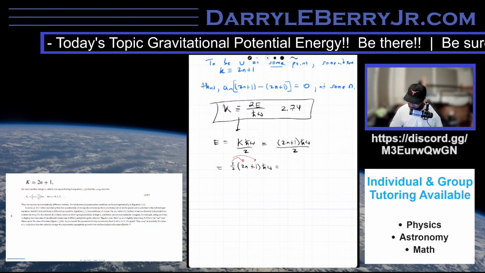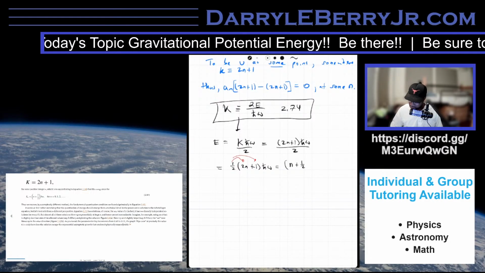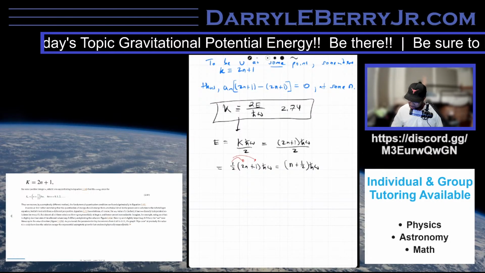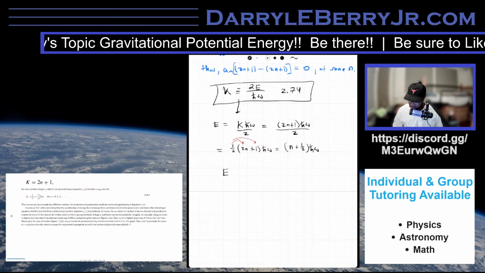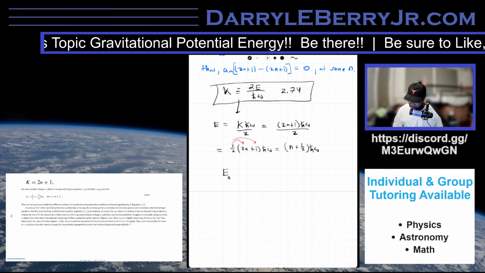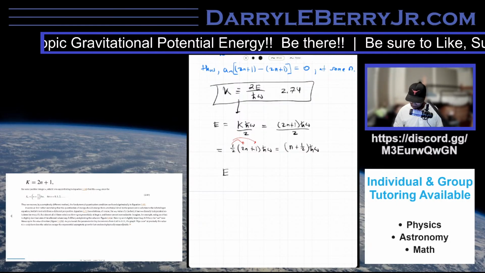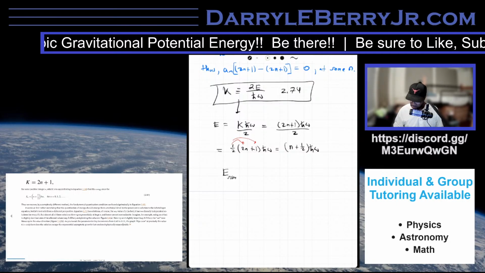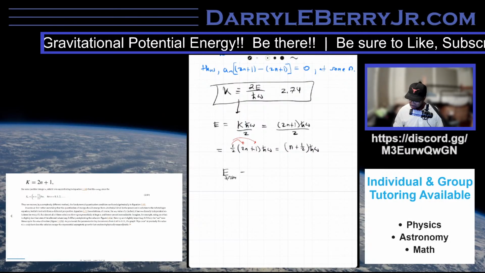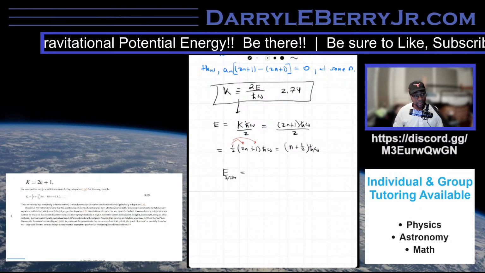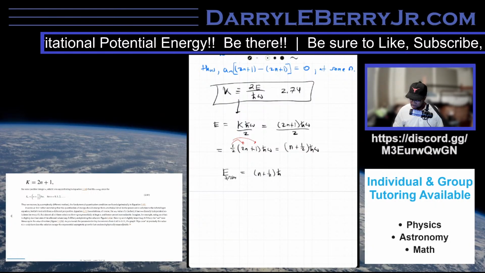So we have n plus 1 half H bar omega. And thus the energy for the quantum oscillator, I'll just say QSHM, equals n plus 1 half H bar omega.